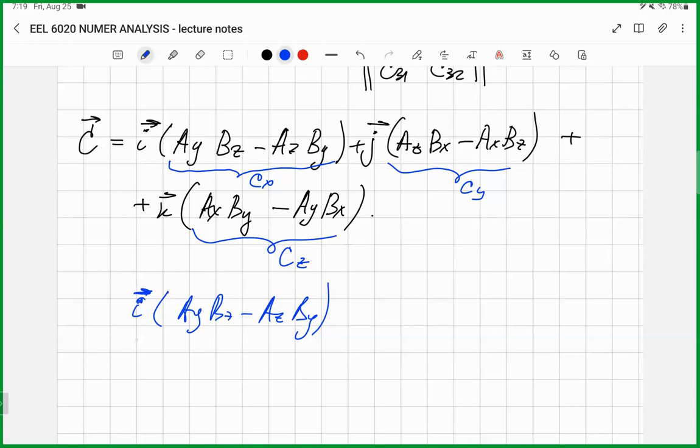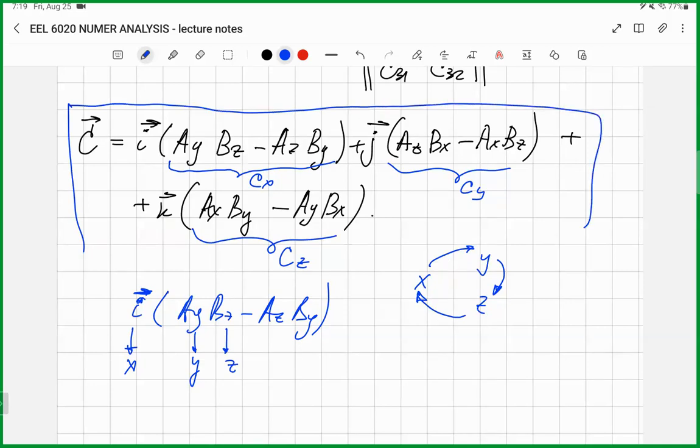The order is right: this i corresponds to x, the unit vector along the x direction. Then it gets y here, z here, right? And then the second term is just flipped components, zy. Basically, if you go through the cycle x, y, z, from x to y, from y to z, and from z to x, you get all these components in this formula.